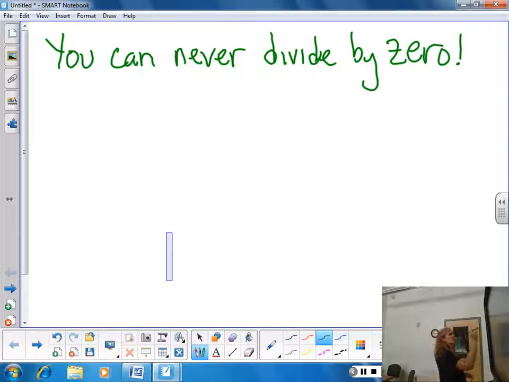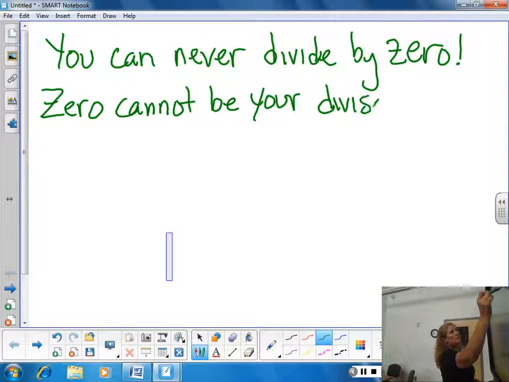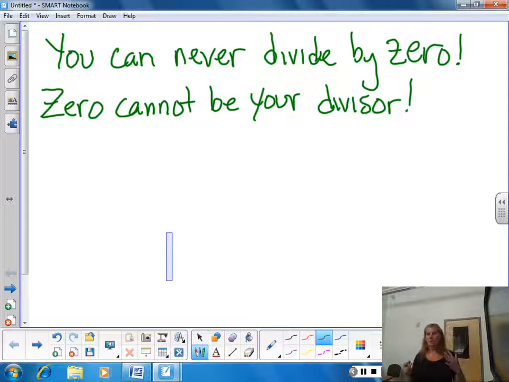Another way to say that is 0 cannot be your divisor. Okay? It could be your dividend, but it cannot be your divisor. It cannot be that number on the bottom. Okay? It can't have it.